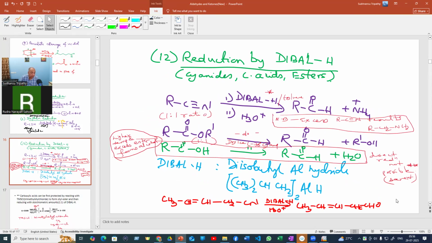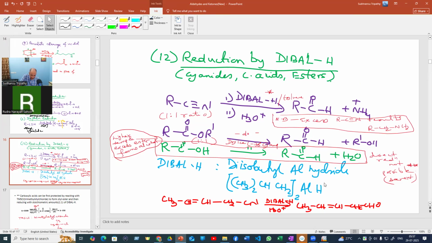Now, this is very important. You have seen hydrides: lithium aluminum hydride, sodium borohydride, and you have seen boranes. Borane, dicyamyl borane, BH3, those are borane compounds, but these are hydrides. Instead of taking lithium aluminum hydride or sodium borohydride, if you take DIBAL, DIBAL stands for diisobutyl aluminum hydride.